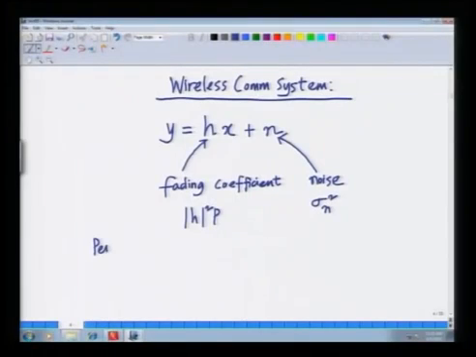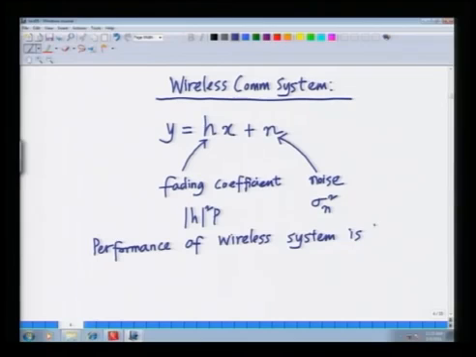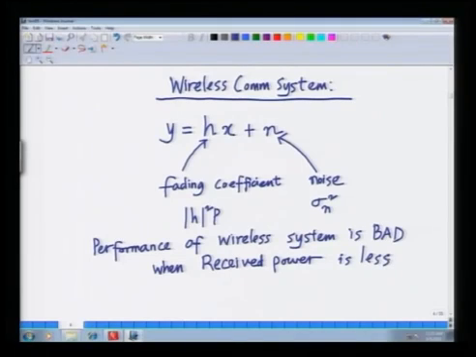So, we can say the performance of a wireless system is bad or very worse when the received power is less than the noise power.